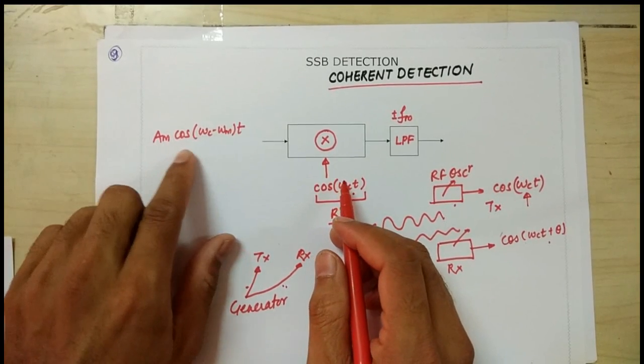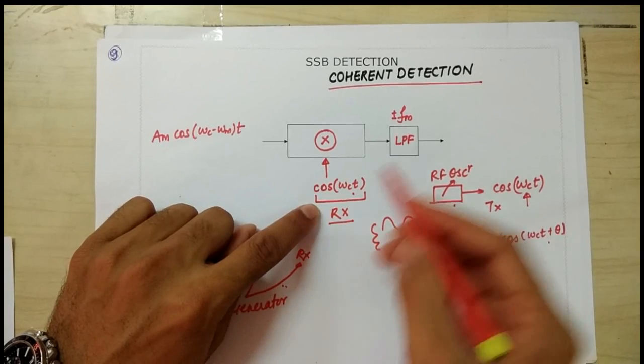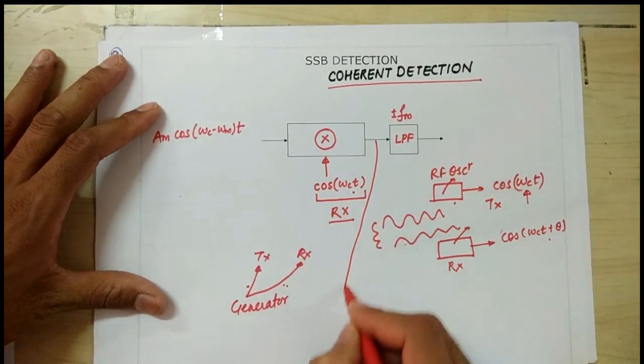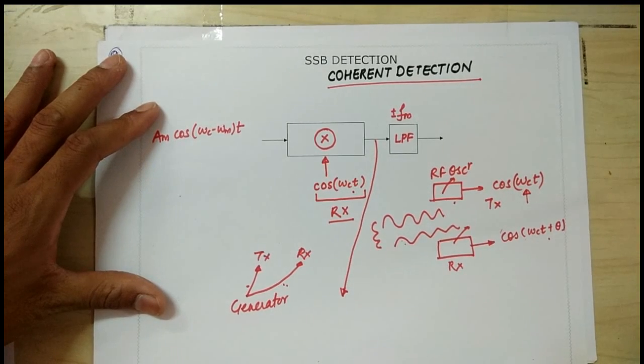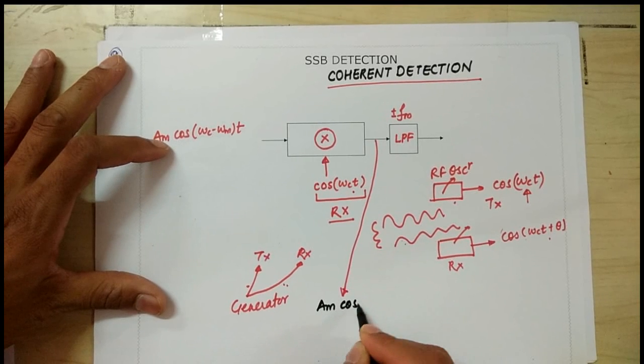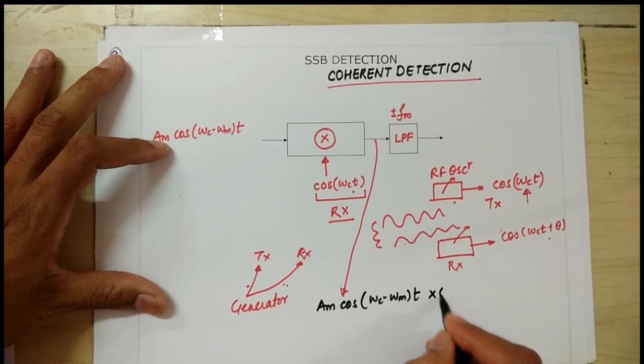So this is Am cos(omega c minus omega m)t, and the second input is the carrier signal, followed by the low pass filter. If you look at the output at this point, what is this output? It is the multiplication of Am cos(omega c minus omega m)t into cos omega c t.